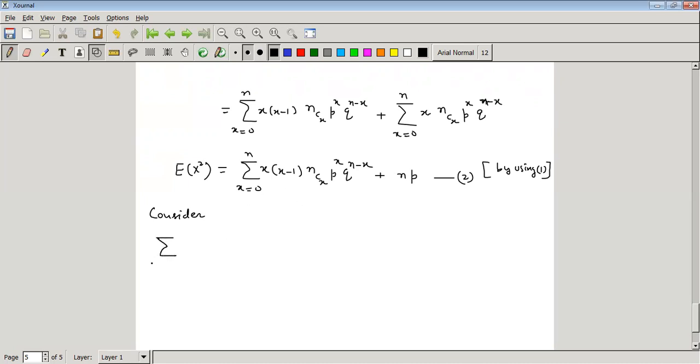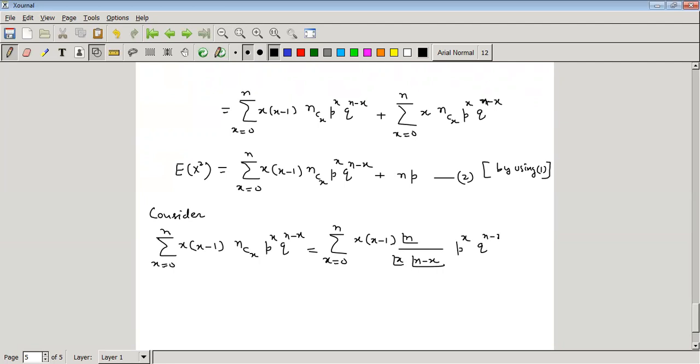Summation x equal to 0 to n of x into x minus 1 nCx p to the power x q to the power n minus x. That is equal to summation x equal to 0 to n of x into x minus 1. What is nCx? n factorial divided by x factorial into n minus x factorial, p to the power x q to the power n minus x.